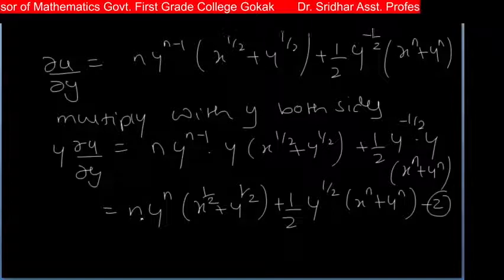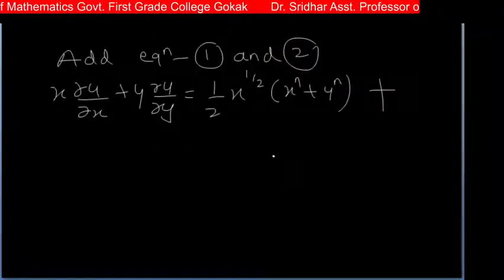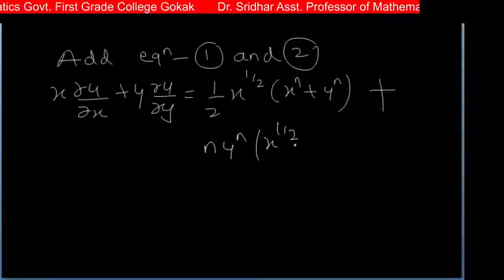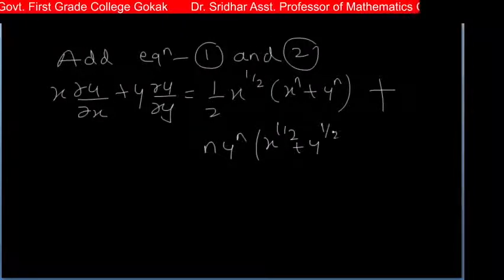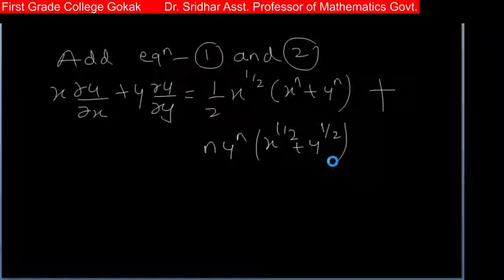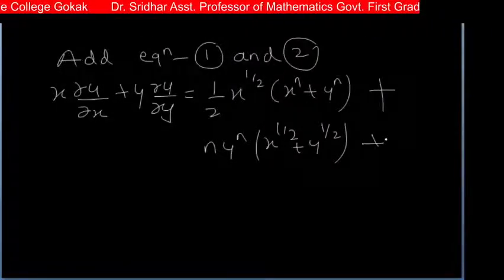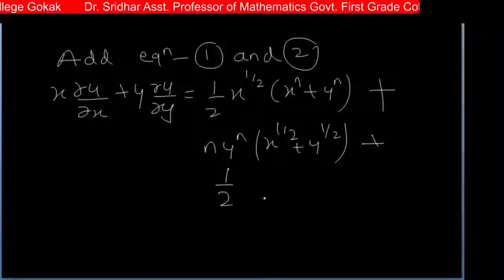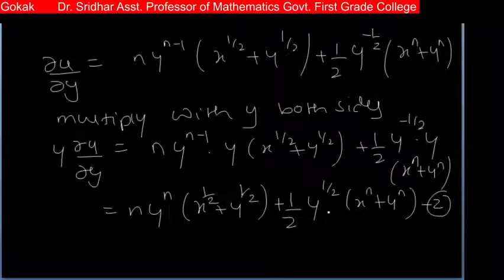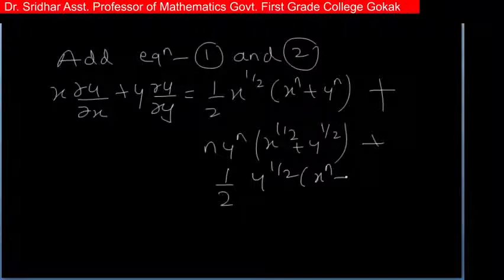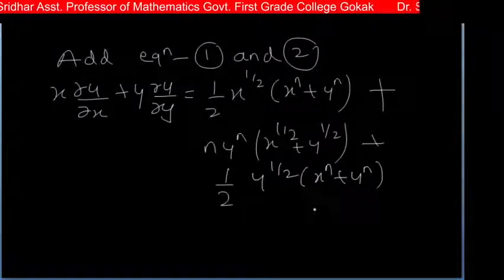So y ∂u/∂y is n into y raised to n into bracket x raised to 1 by 2 plus y raised to 1 by 2, then plus 1 by 2 into y raised to 1 by 2 into x raised to n plus y raised to n.